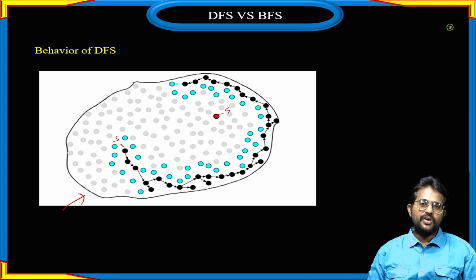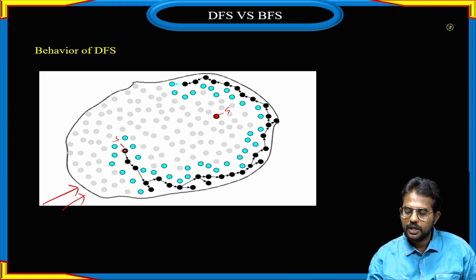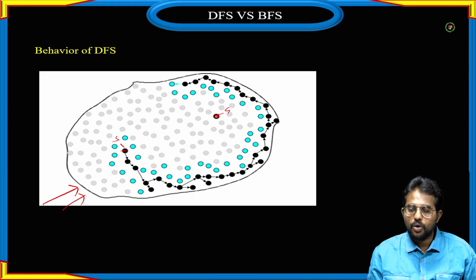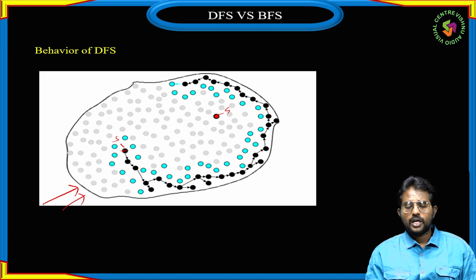To understand the behavior of DFS, assume we are having an infinite search space. So this is the starting node and this is the goal node. I have to go from the starting node to the goal node by using DFS.